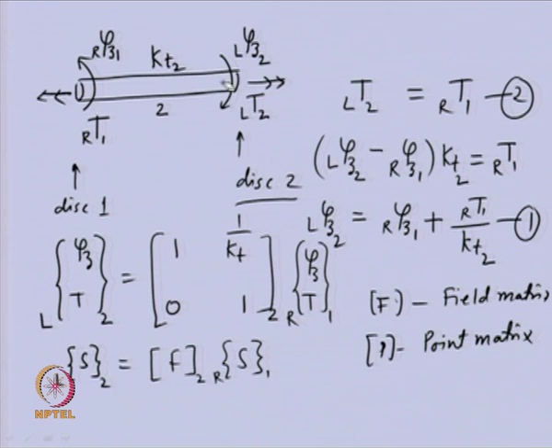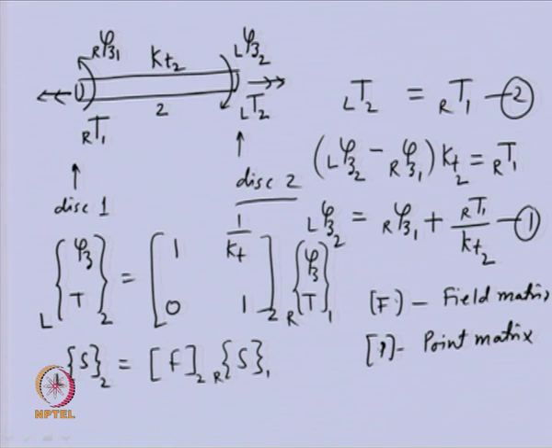So, that belongs to the left of disk 2. Now we can use these developed transfer matrices, the field and point matrices, to obtain the equation of any rotor system.